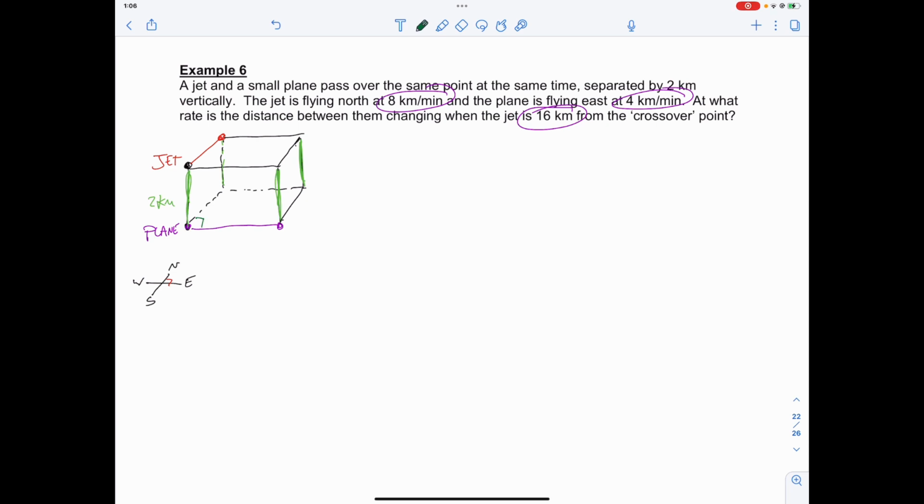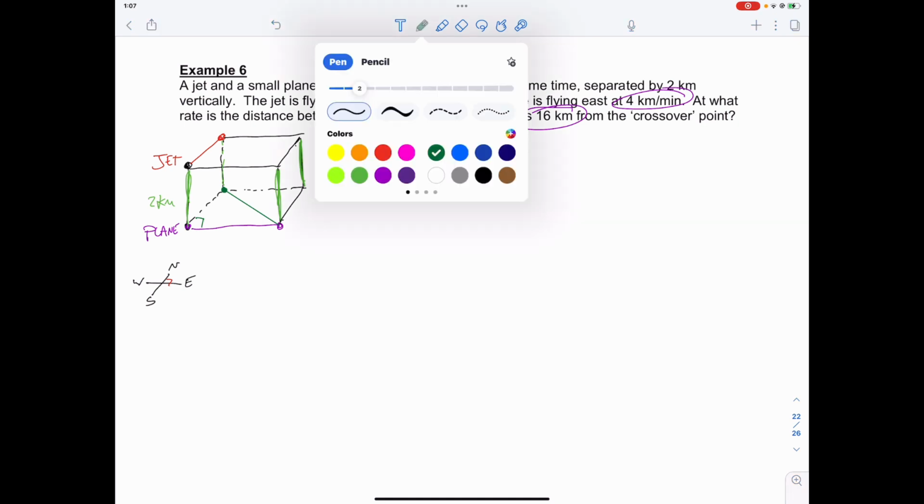And what I'm going to do is go directly below where the jet currently is after it has traveled a certain distance, and connect that to where the plane currently is. And this has created a right angle triangle where I need to figure out a way to think of whatever those measurements are.